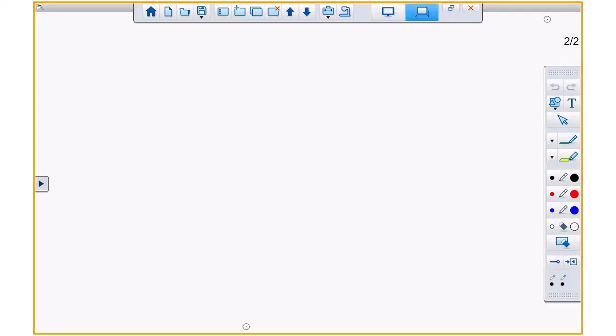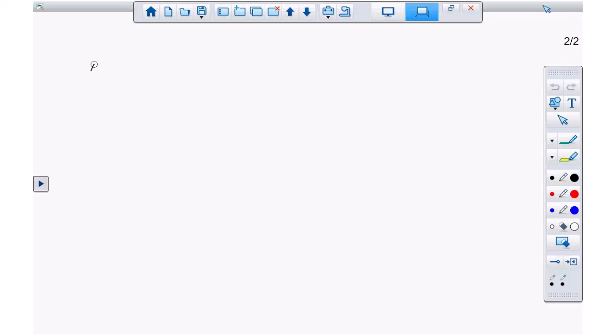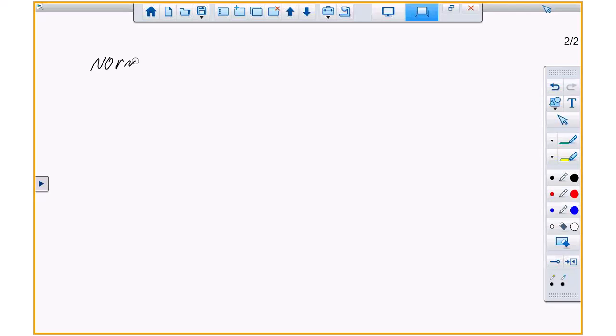All right, so if I give you a problem and I say the mean normal distribution, mean is equal to 100 and the standard deviation is equal to 20. When you see these three things together, write this down.